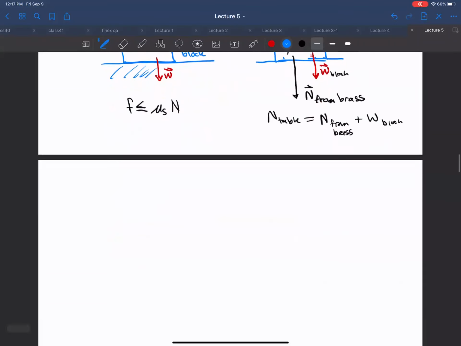So I'll sketch the situation. Here's our block and the table, and here's my finger. Let's call this force from the finger F finger.